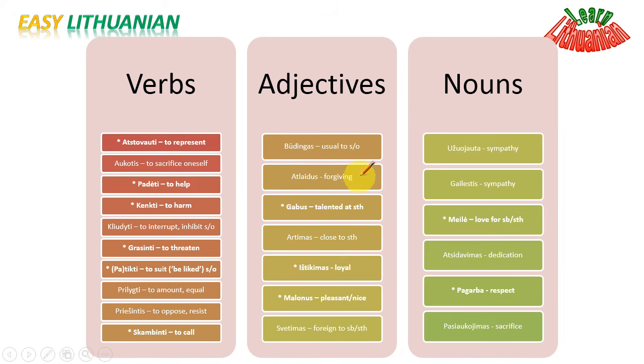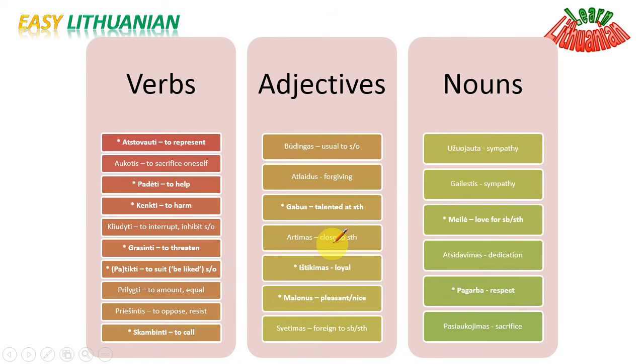Atlaidus, forgiving. Gabus, for example, gabus mokslams. Mokslai means sciences, literally, plural. And gabus mokslams, talented at science, or talented at learning. Gabus mokslams, talented at something, or literally for something.